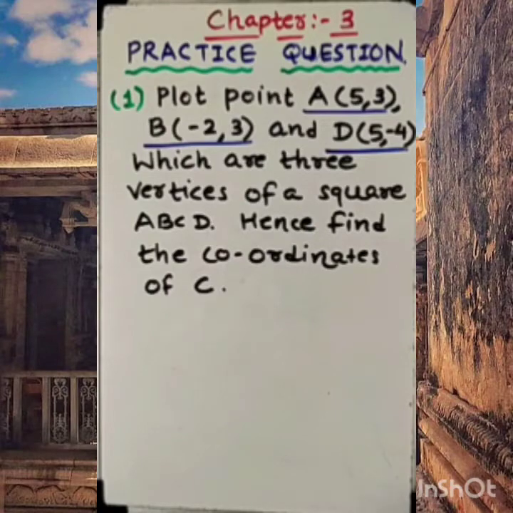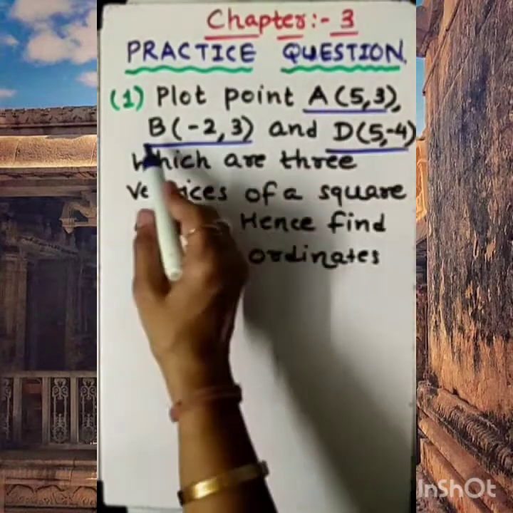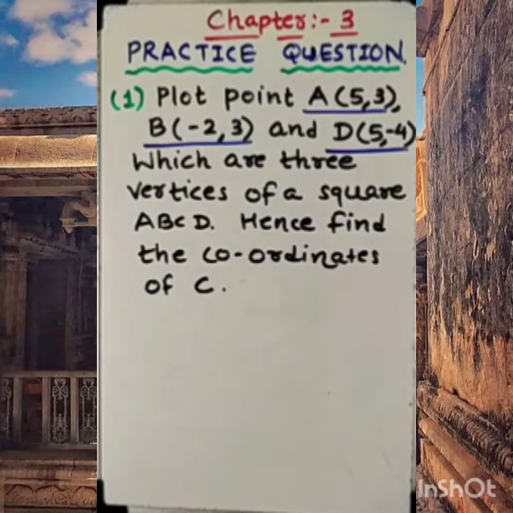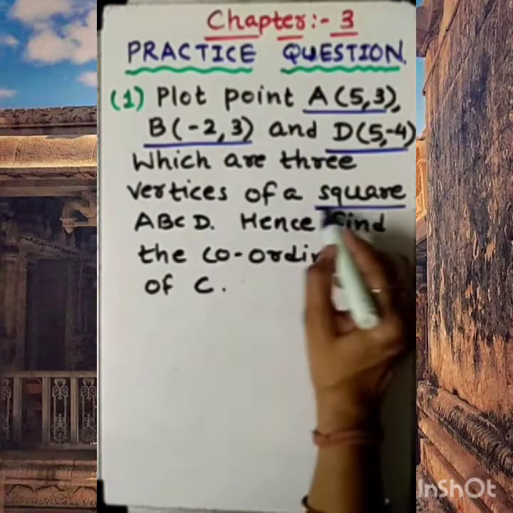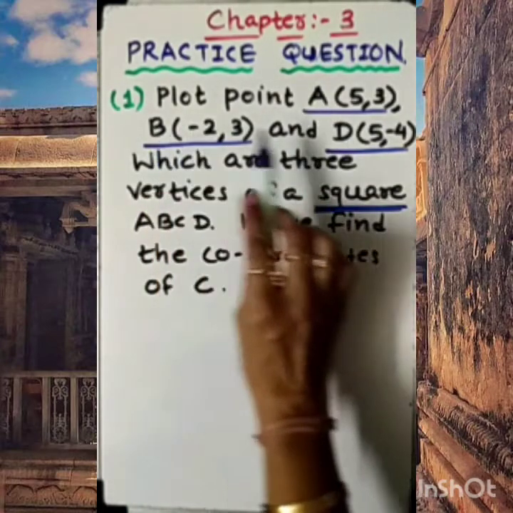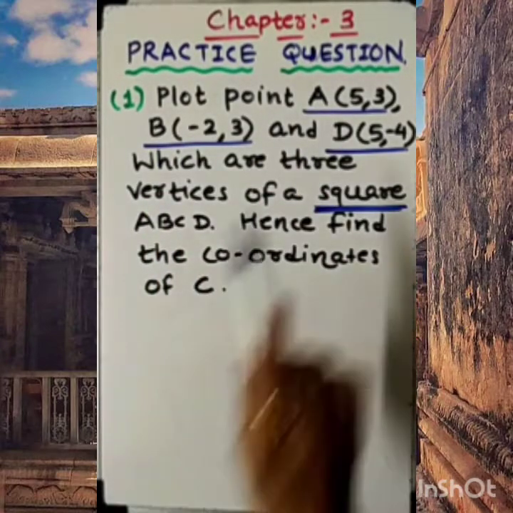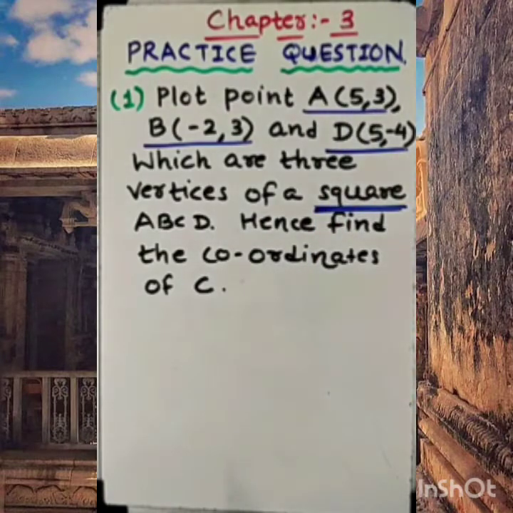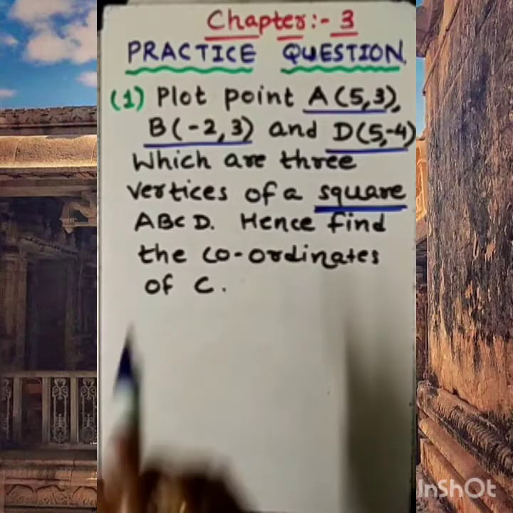So after locating these three points on a graph paper, we will be able to find the fourth, because they are forming a square. It is clearly mentioned they are forming a square. So, my dear student, this is A point, B point, and this is D point. A (5, 3) will lie in the first quadrant because of plus, plus.